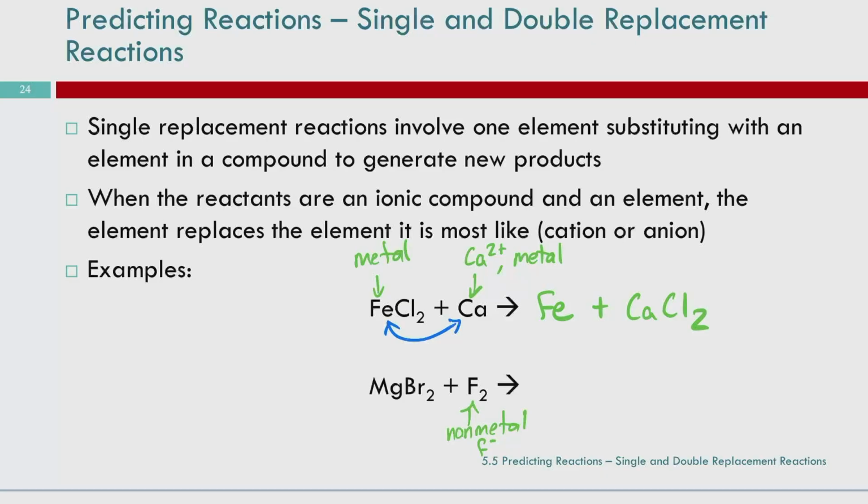Br, bromine. I wrote no metal, but it's nonmetal. So Br is nonmetal, and so these two are going to swap places. And since they're both halogens, we are again going to get MgF2, so it'll be the same number of halogens, and then Br2 will be by itself.